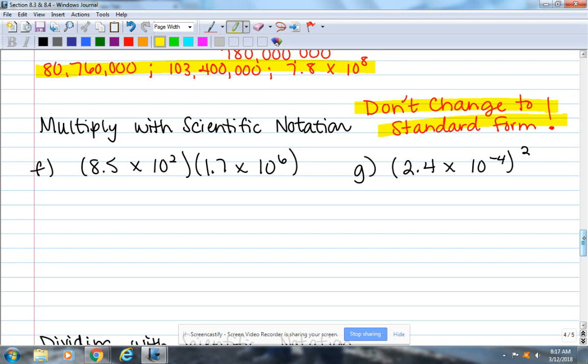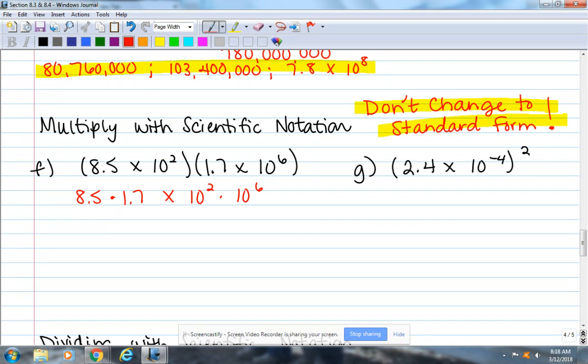And then what you want to do is you want to group your like things together. So I'm going to get my decimals all together and my tens all together. All right? So I'm going to say 8.5 times 1.7 times 10 squared times 10 to the 6. So I put my decimals together in the front and my tens together in the back.